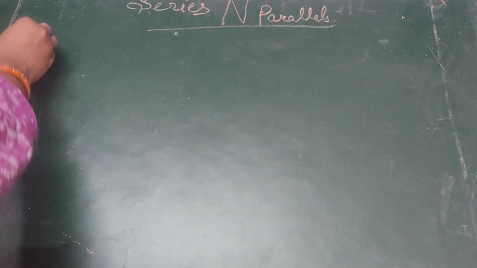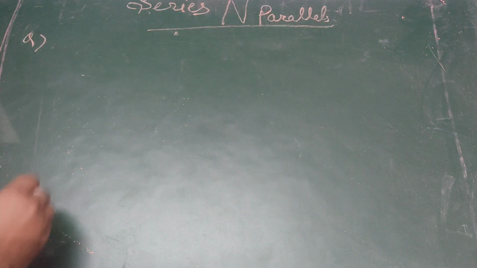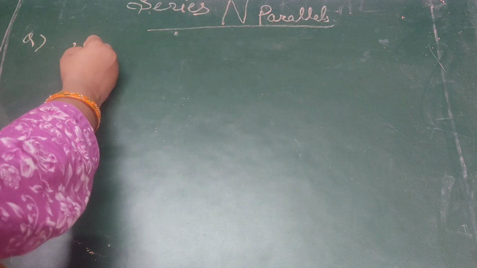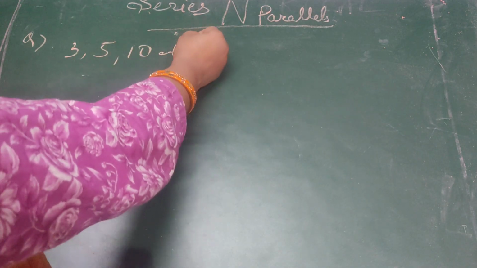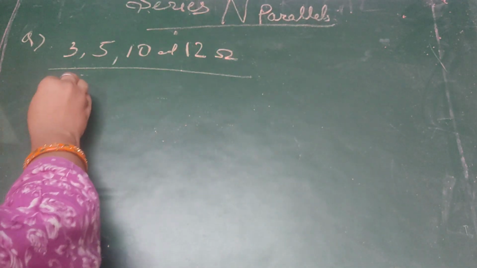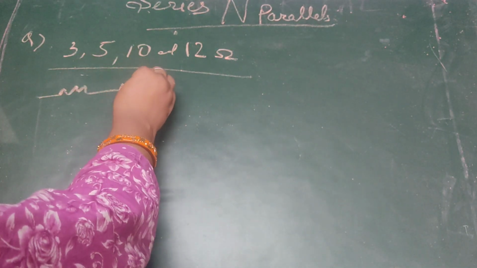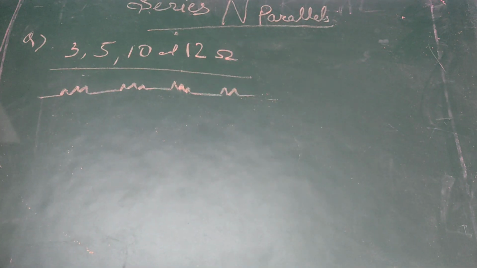Today we will deal with series and parallel numericals. The question is given: 4 coils having resistances of 3, 5, 10 and 12 ohms respectively. All these are connected in series, maybe in this way, across 120 volt.